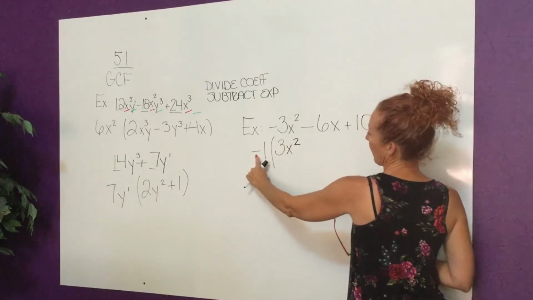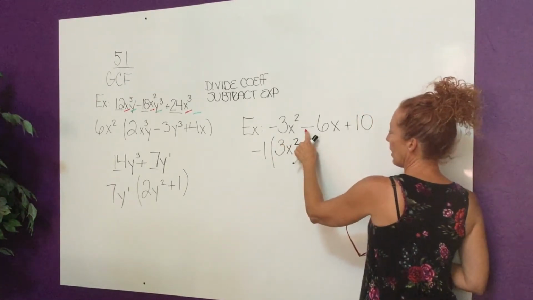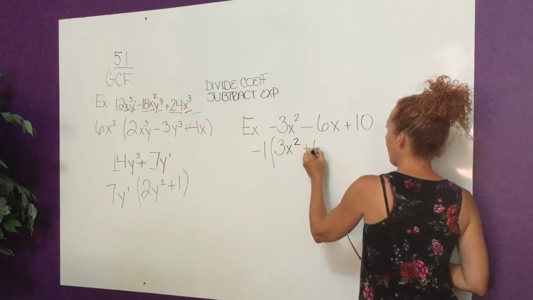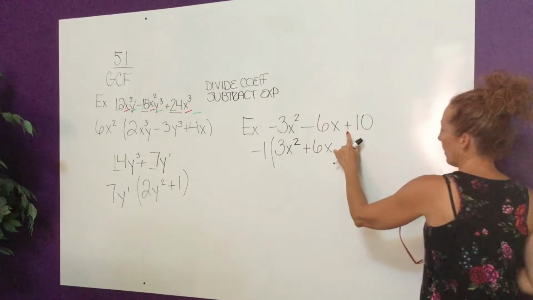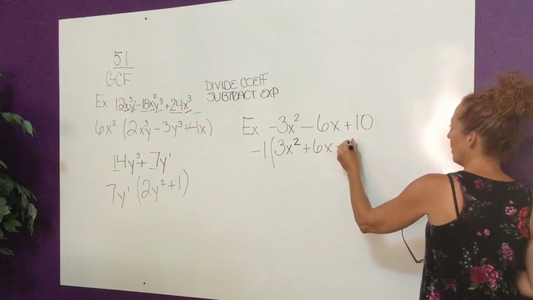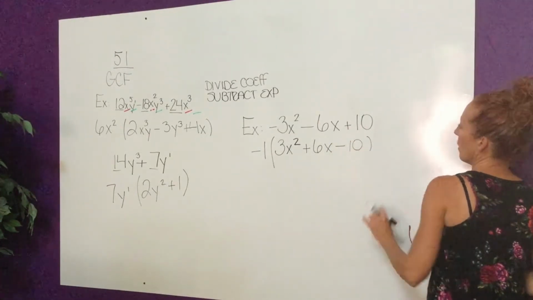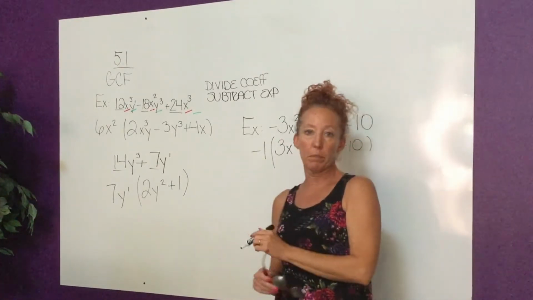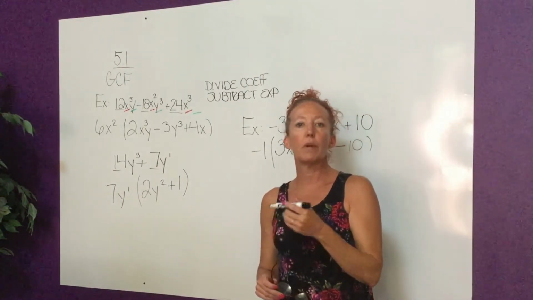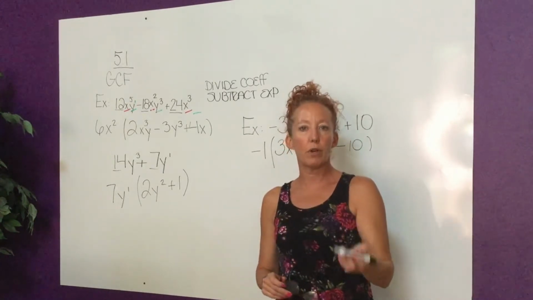Keep in mind, when we factor out a negative, that will change that negative to a positive. And when I factor out that negative, it will change this one to a negative. Because the point being is that if you were going to multiply it back through, you would end up with what you started with.